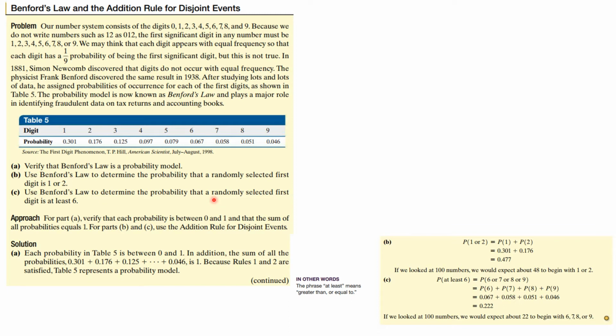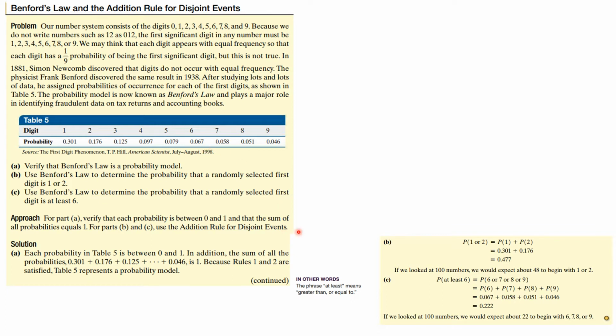Similarly, use Benford's law to determine the probability that the first digit is at least 6. At least 6 is like having to be at least 21 to drink legally in the state of Illinois. It means 21 or over, so at least 6 means 6, 7, 8, or 9. These again are disjoint events, because you begin with a 6 or a 7 or an 8 or a 9, and those four items don't overlap.